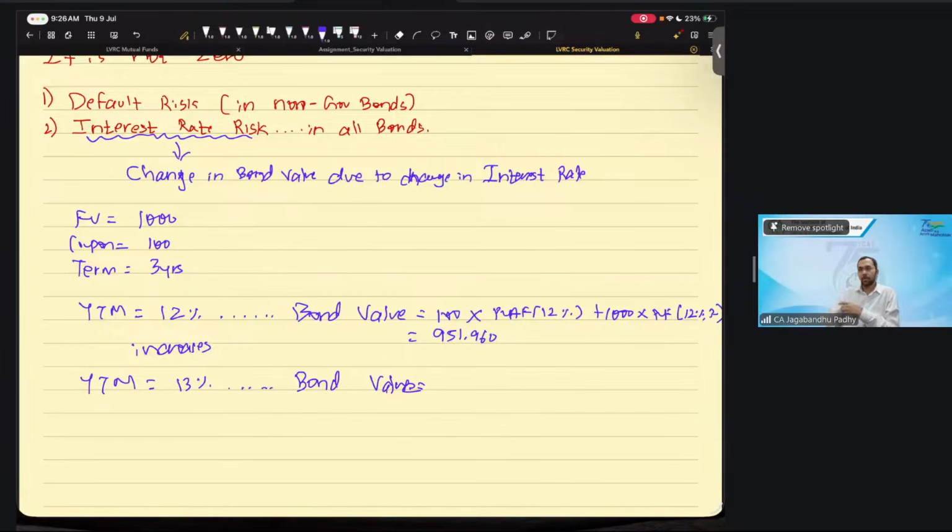Calculate it. You can simply get it as 100 into present value annuity factor at 13% for 3 years plus 1000 into present value factor at 13% for 3 years. Give me the bond value at 13%.